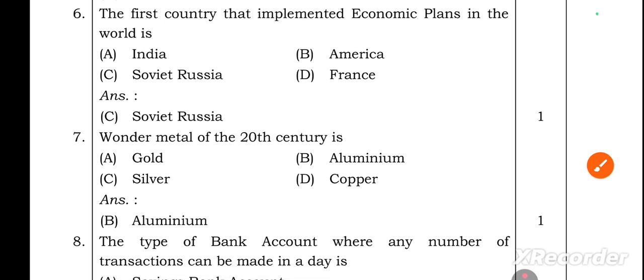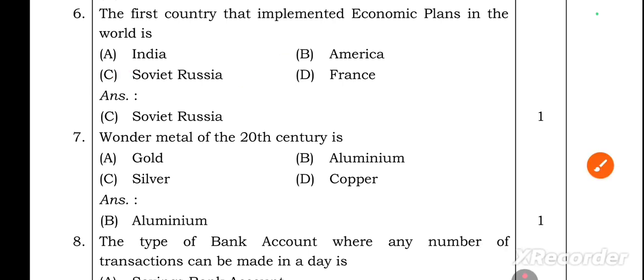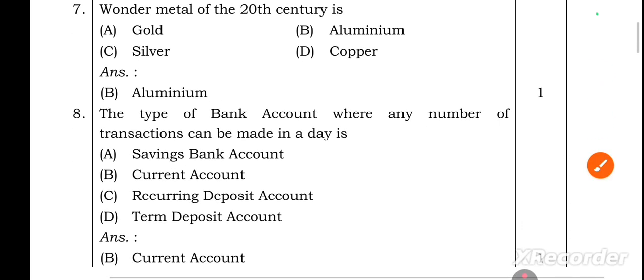Sixth one, the first country that implemented economic plans in the world is: India, America, Soviet Russia, France. The right answer is option C, Soviet Russia. Seventh one, the wonder metal of the 20th century is: gold, aluminium, silver, copper.